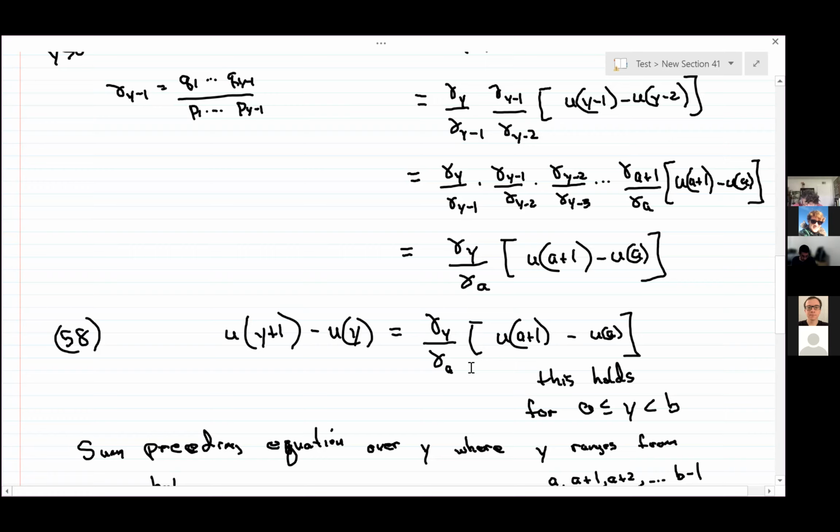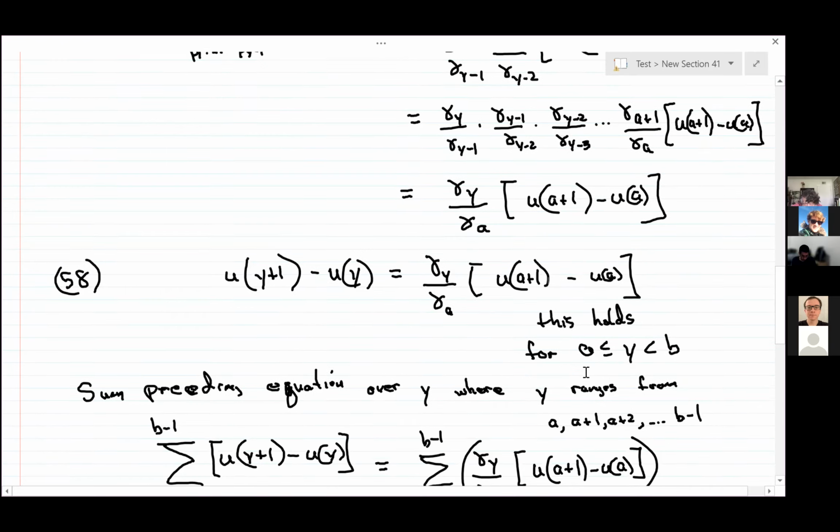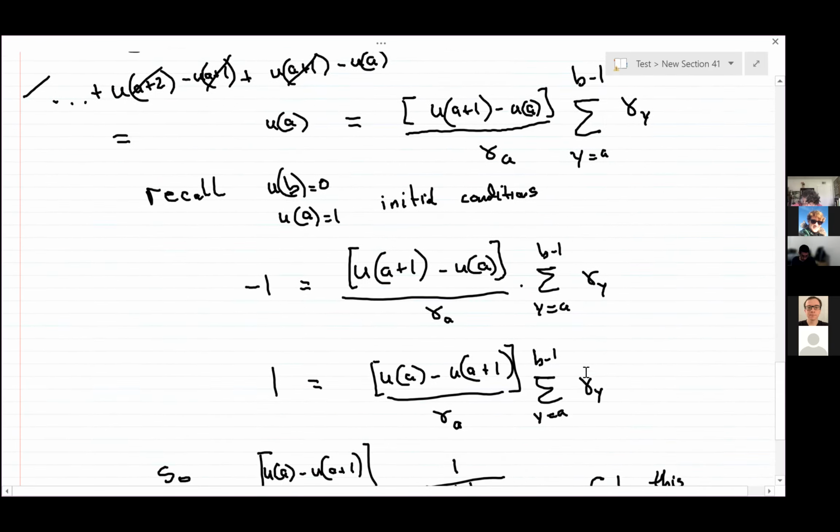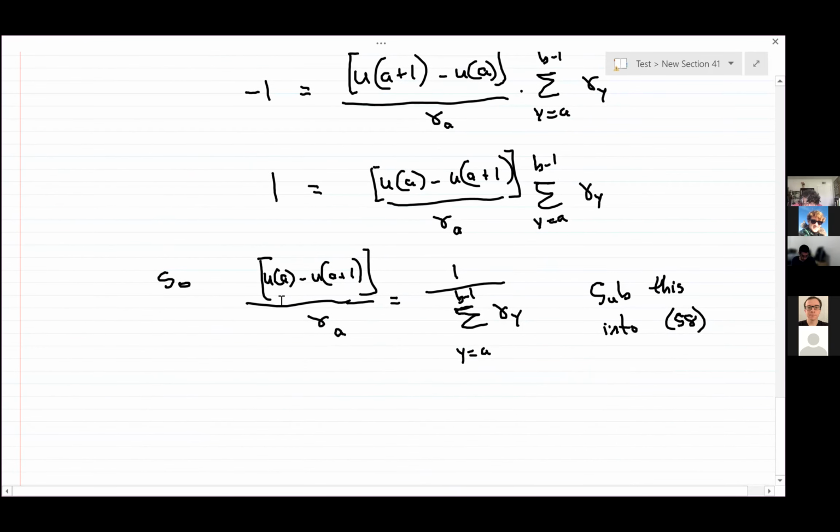So if we look and see what we're trying to substitute in here, I think we just want to substitute in what's on the right. Let's go back and look at it. UA minus UA plus 1 over gamma A. That's what was on the right over there.